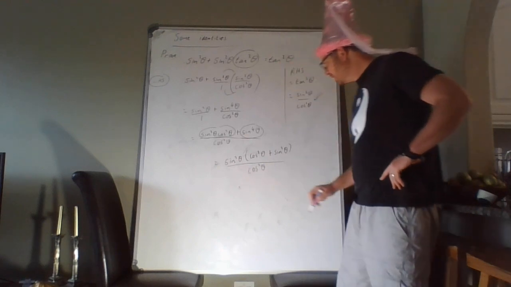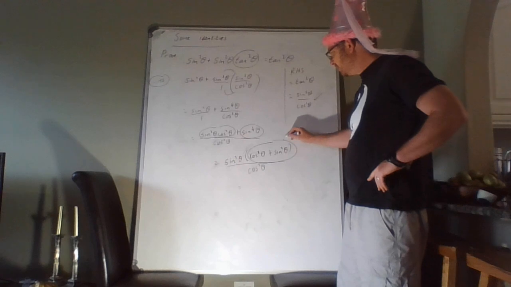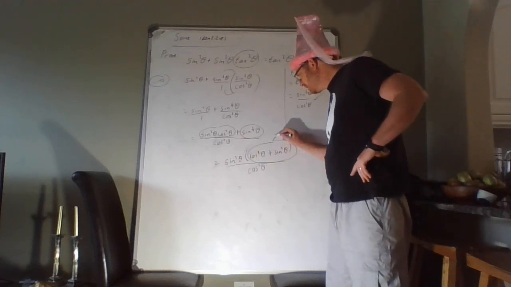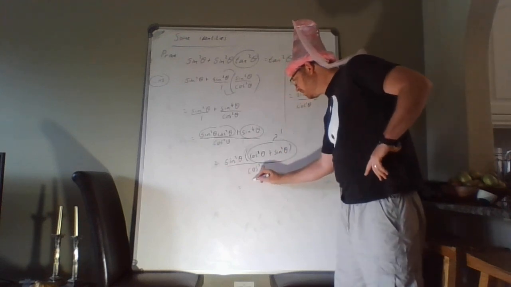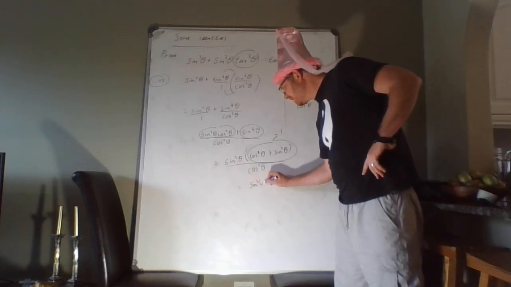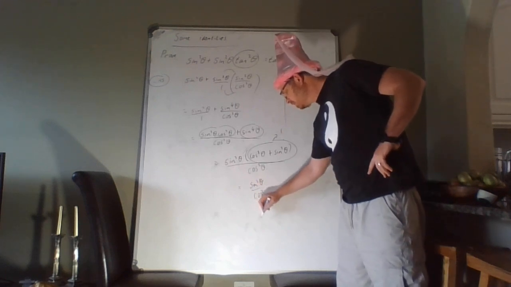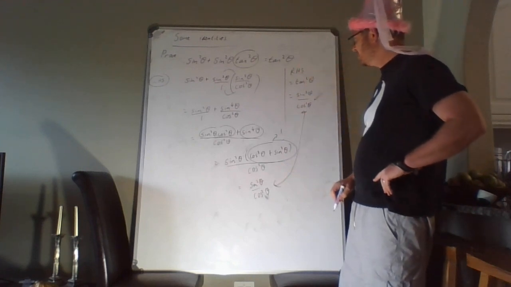Why is it hallelujah? Because that is 1. So I'm left with sine squared theta over cos squared theta. Remember, that's just 1, which is equal to, well, let's just write it like that. Praise be, the left-hand side and the right-hand side we've shown to be the same.